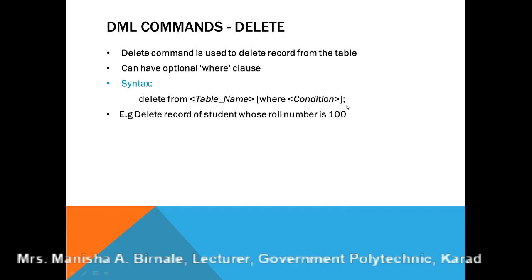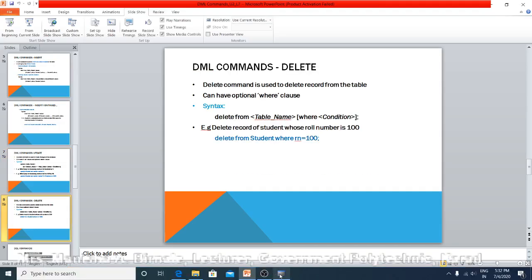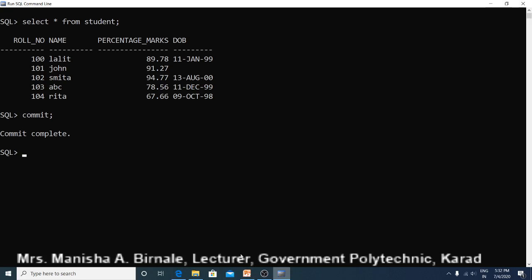Now let us see an example. Delete the record of the student whose roll number is 100. Let us see it practically. You can do it using the SQL command line also.